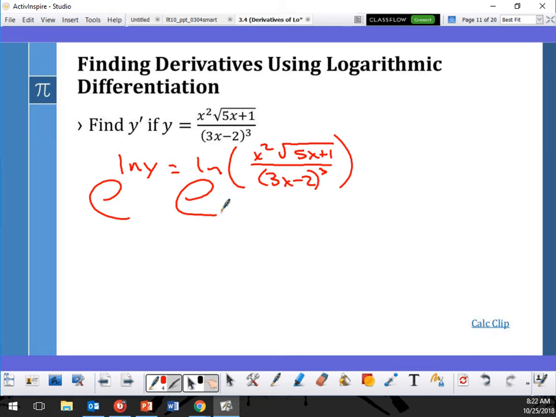Wait, okay, so what's ln? ln is the natural log. So log is base 10, right? So ln is actually log base e.